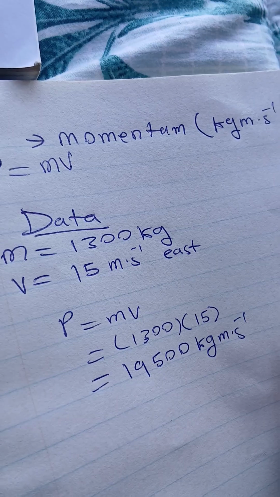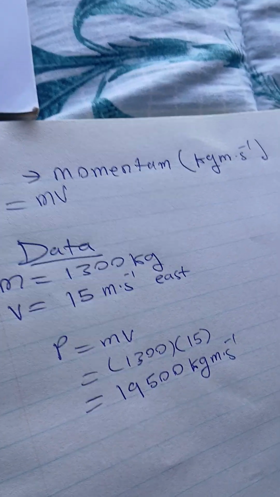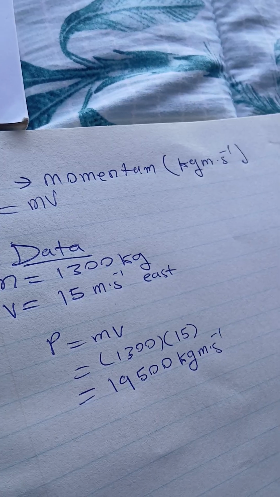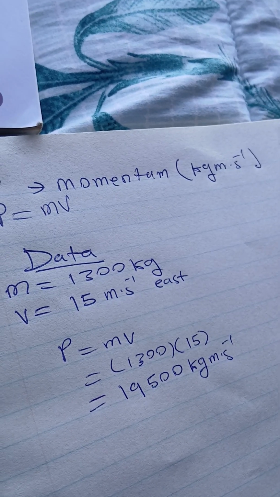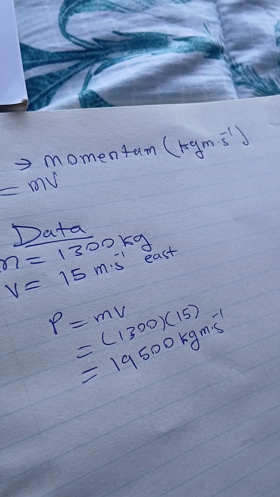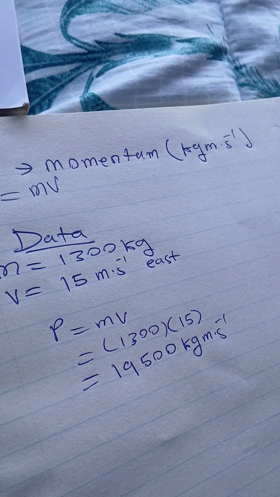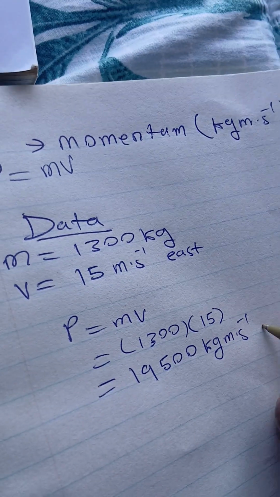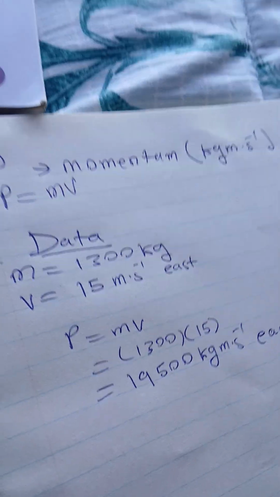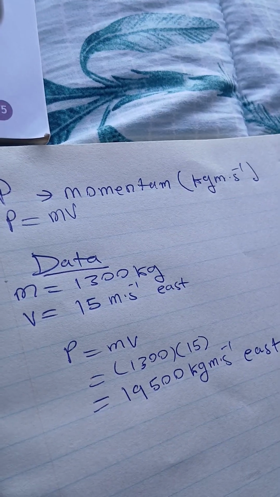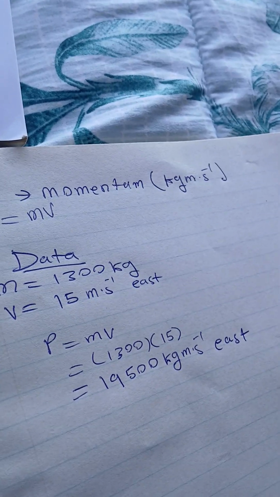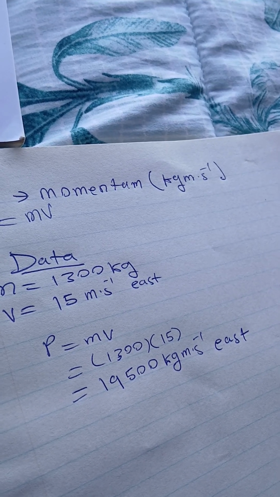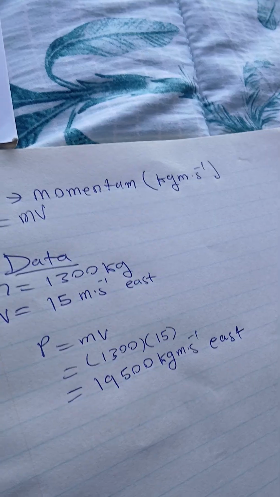Where is it going? Last time I told you that the direction of velocity will be the direction of momentum, because velocity gives momentum its vector nature. So the direction will be east. The direction of momentum is the same as the direction of your velocity.